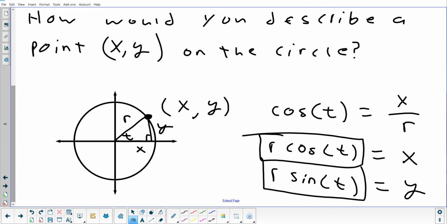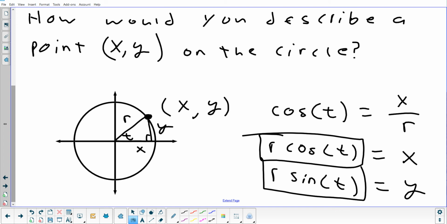Now there's one more thing you have to tell me. What values would the parameter have to be to get a full circle? Let's say in radians. 2 pi. Just that value?